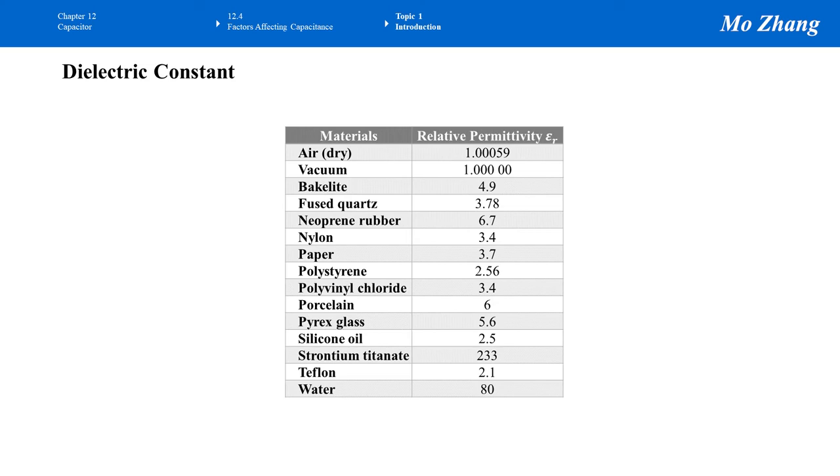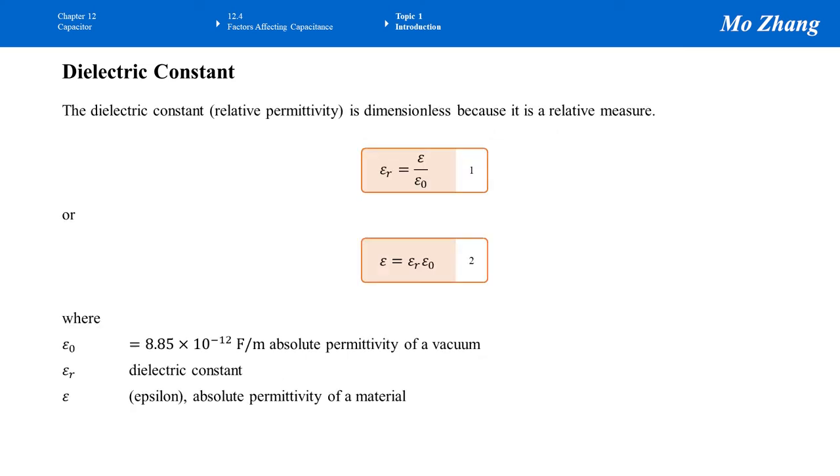Water has a relative permittivity of 80, meaning using water is 80 times better than using vacuum in terms of boosting the capacitance. Here shows the formula related to dielectric constant. First, dielectric constant, also called relative permittivity, is a number and is dimensionless, which means it has no unit because it's just a relative measure.